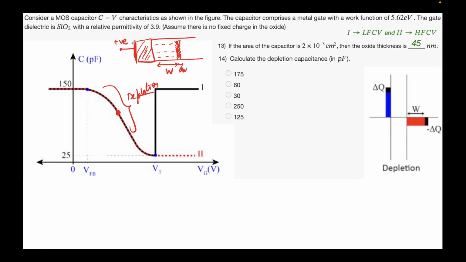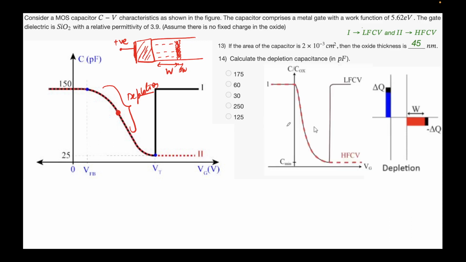Any plus delta Q that you put on your metal pad will be equal in magnitude in the depletion region. So the depletion region's width is bound to increase. This is the depletion region.